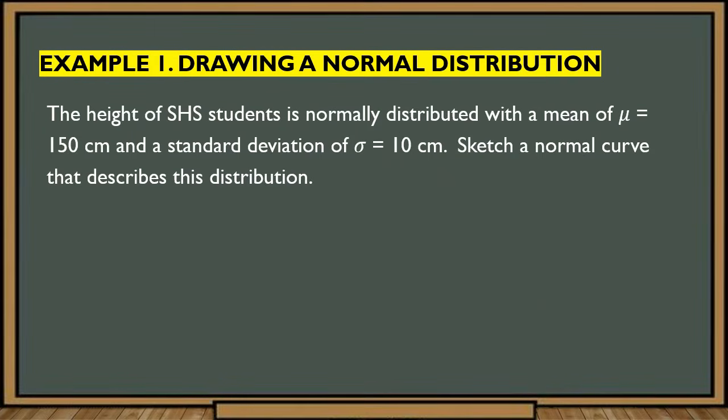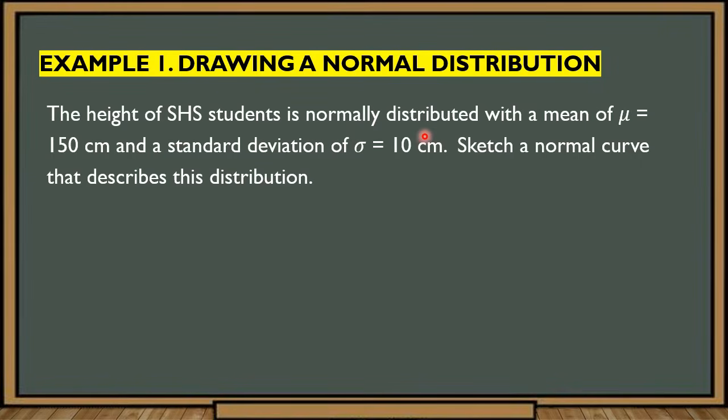So let's have example number 1, drawing a normal distribution. The height of senior high school students is normally distributed with a mean of 150 centimeters and a standard deviation of 10 centimeters. Sketch a normal curve that describes this distribution. After knowing the problem, we have to identify our important given terms.